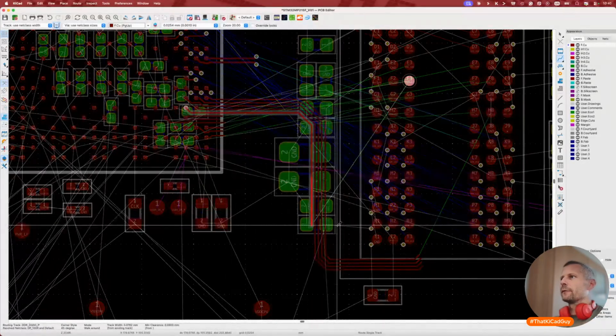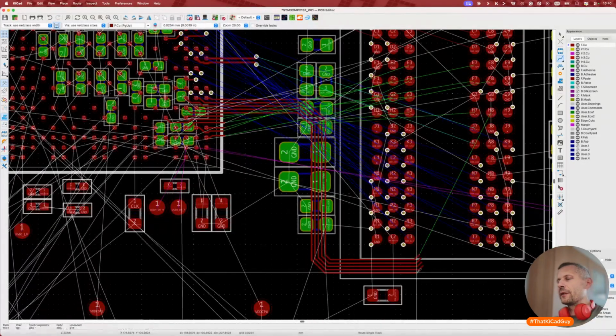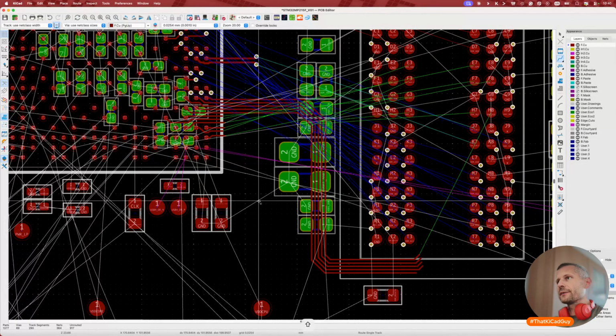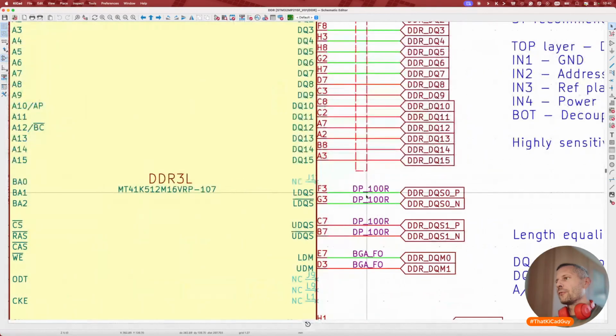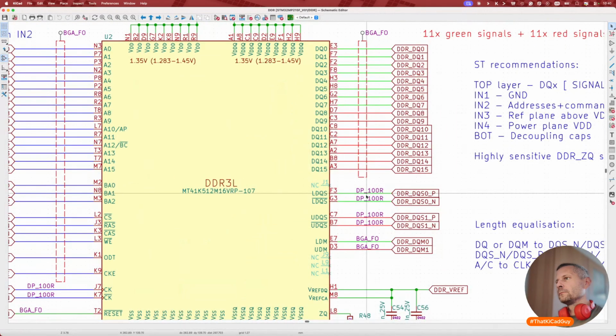So all the green ones, but be careful, because there are not only green ones. Yeah, some of the green ones are like the strobe signals and these LDM, UDM. I don't know what the hell they mean.